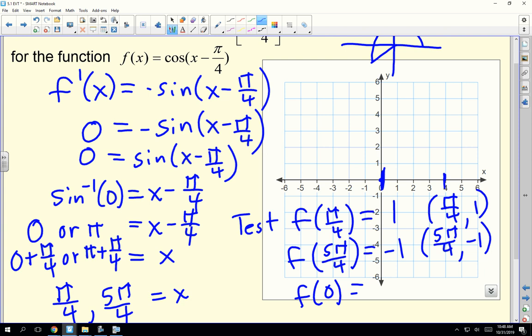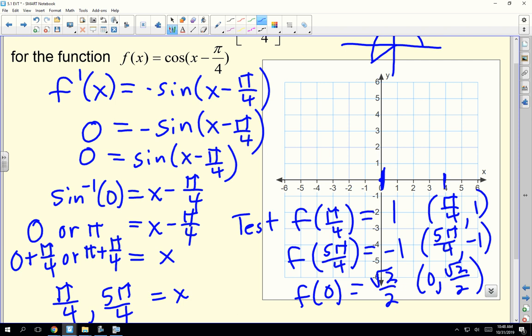So cosine of negative pi over 4 is root 2 over 2. So we've got 0 comma root 2 over 2. So what's my absolute max?